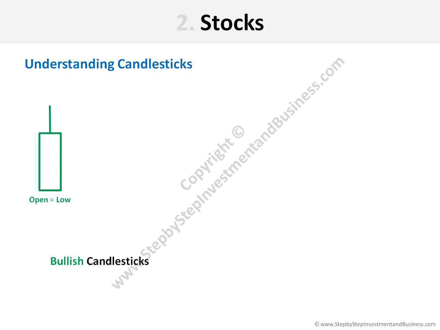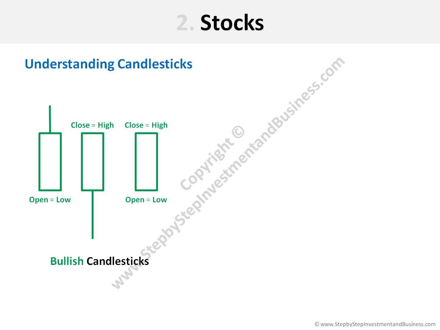That is, the bottom tip of the candlestick matches the bottom end of the body. In the same way, if the closing price of the stock, that is, the last price that the stock was traded at, is equal to the high of that day, the top tip of the candlestick matches the top end of the body.